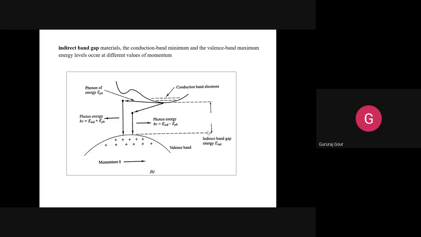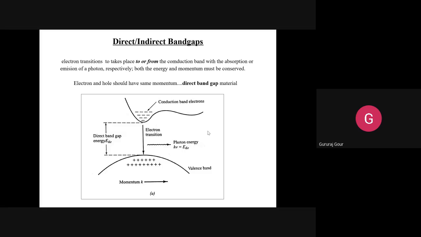First important observation: what actually differentiates the direct and indirect band gaps is the variation of momentum. Momentum is the same in case of direct band gap. Why? Because of the kind of material they are using. Direct band gap materials depend on the characteristic features of the materials.